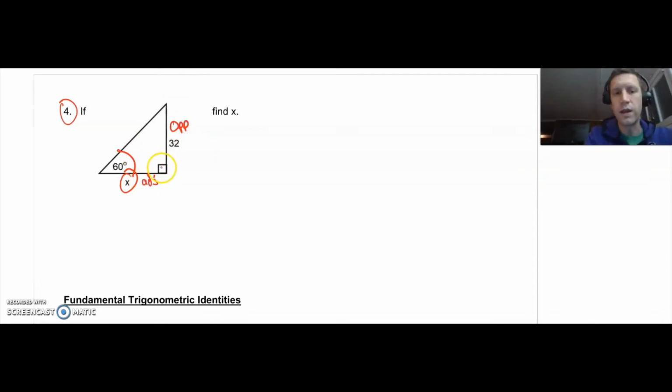So it's a right triangle, so I can use SOHCAHTOA. Tangent is the function that uses opposite and adjacent. So 32 over x. Let's put this over 1. Cross multiplying, I get 32 equals x times tangent of 60 degrees.